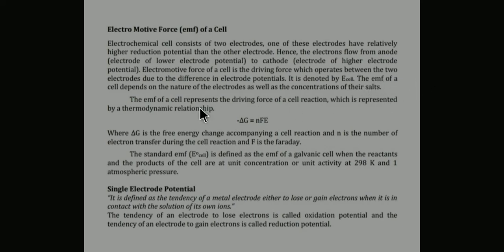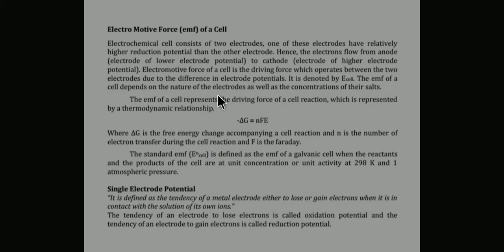The EMF of a cell depends on the nature of the electrodes as well as the concentration of their salts. Okay, if the concentration of the salt solution increases, then it acts as a cathode. If the concentration of the solution decreases, then it acts as an anode.